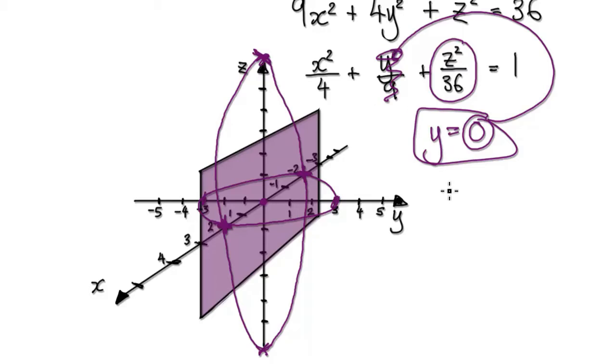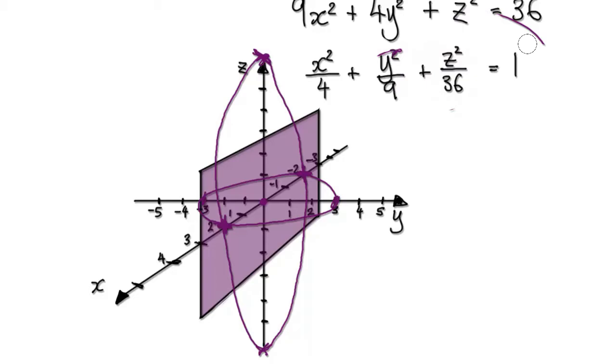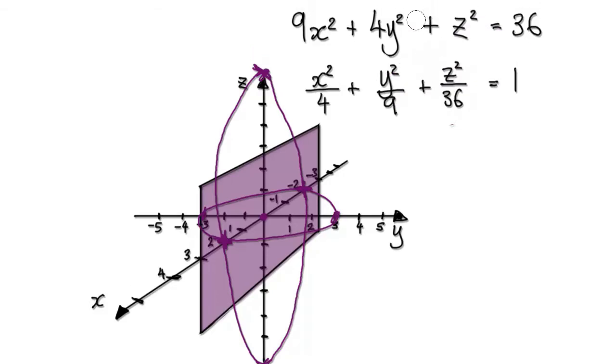And then the next step is to let x equal 0. Let me erase this. So x is the direction here.